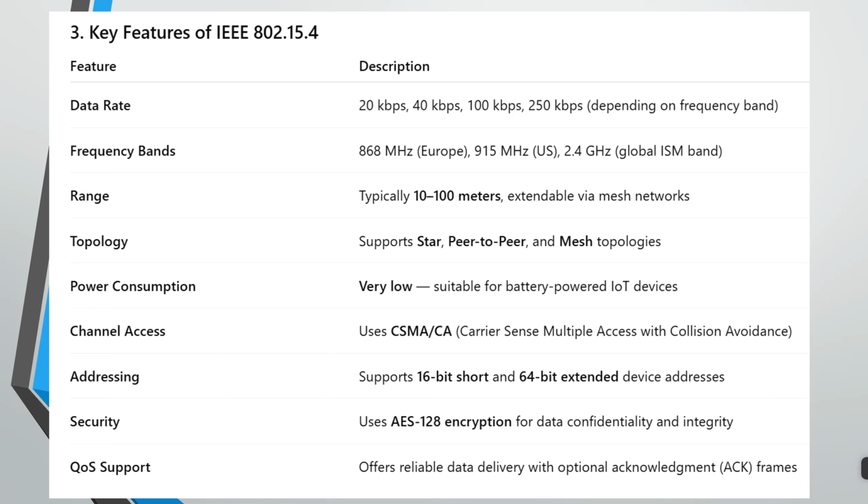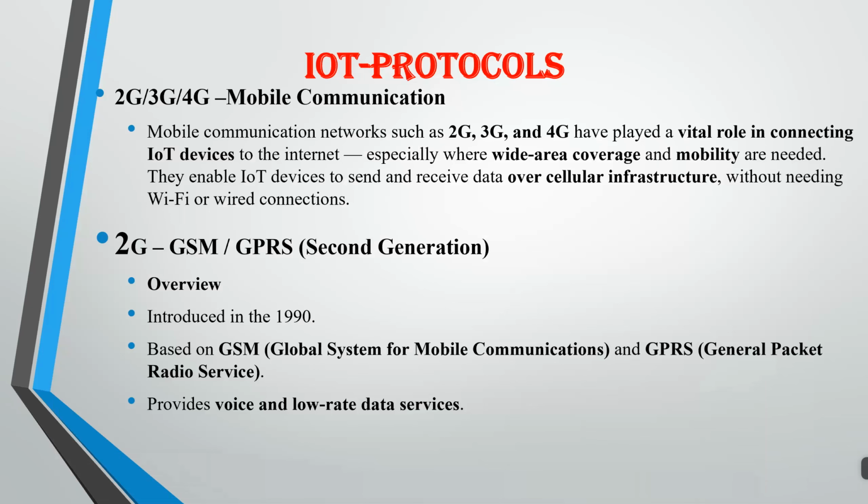It supports 16-bit short and 64-bit extended device addresses. Security: it uses AES 128-bit encryption for data confidentiality and integrity. QoS, quality of service: it offers reliable data delivery with optional acknowledgement frames. So these are all the various features of the 802.15.4 protocol.